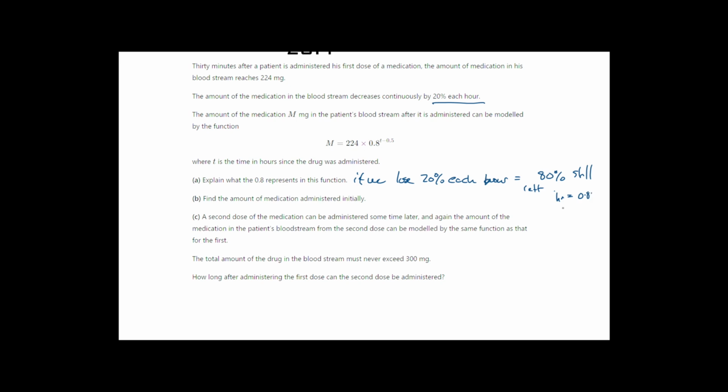So 1 hour later, 80% of the last hour. That makes sense. You would reword that. Find the amount of medication administered initially.